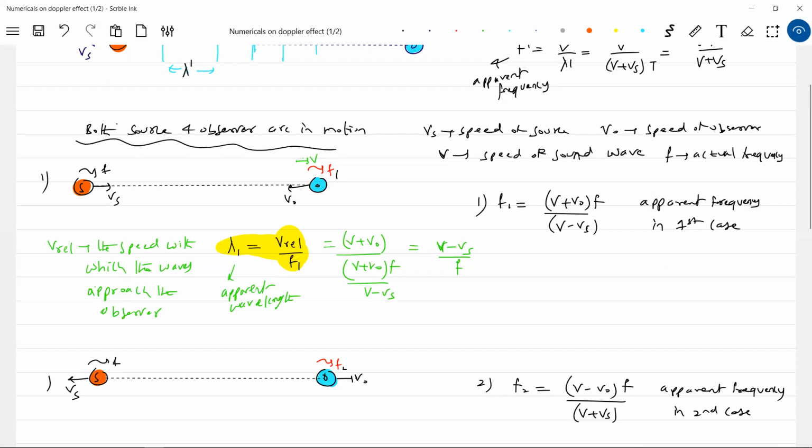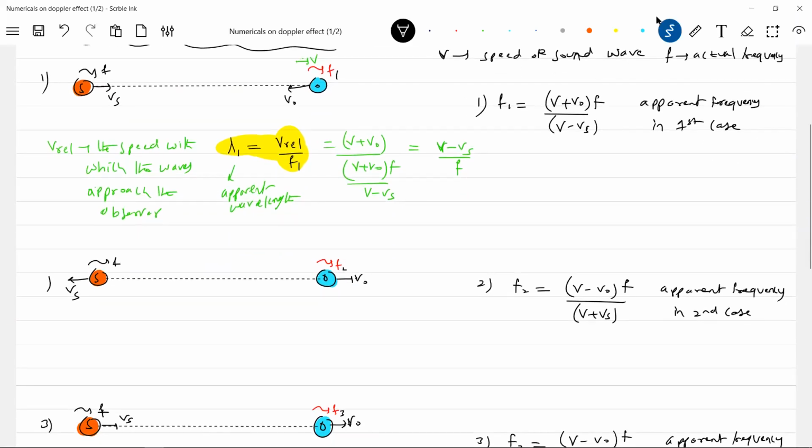Okay, similarly for the second case. This is the apparent frequency, no? Here, with what speed are the waves moving, like in air, with a speed V. Then the apparent wavelength is equal to V relative by apparent frequency. Then what is the V relative? V minus V naught. Why?